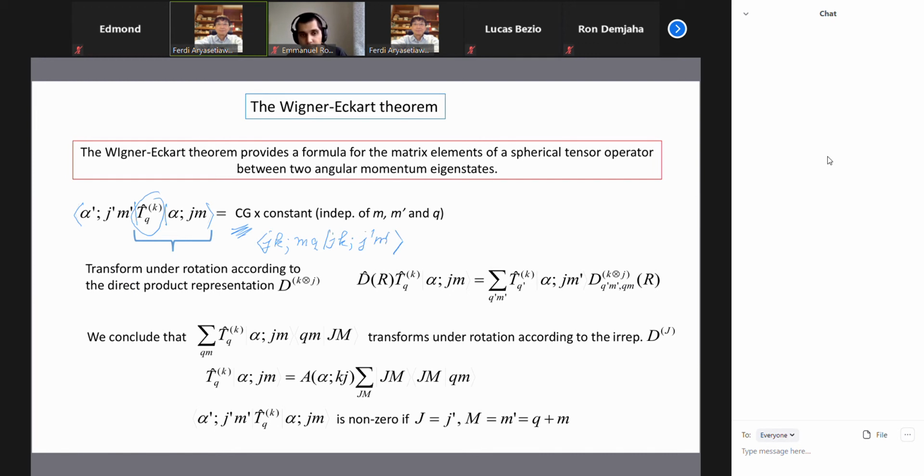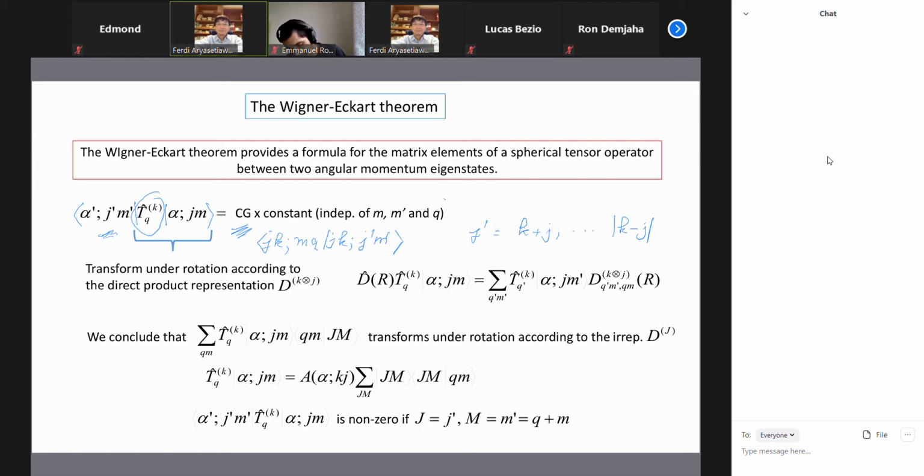So this is the Clebsch-Gordan coefficient. This J prime, on the left-hand side or on the left state, must be one of k plus j, down to k minus j. We'll show this.